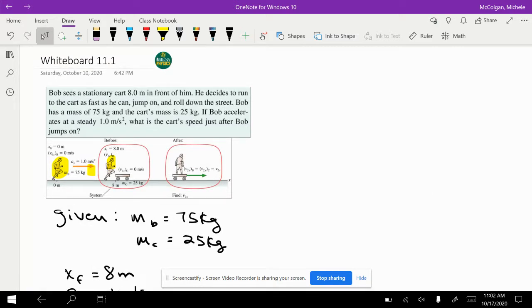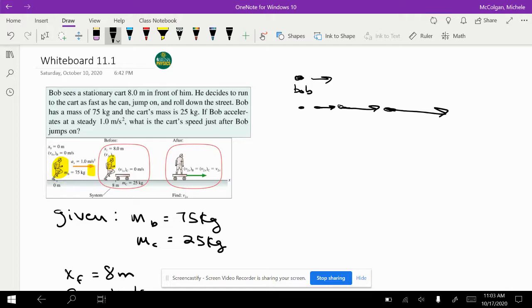I'll draw just a quick little picture. This is Bob, and if I think about a motion diagram, Bob is running this way, and the motion diagram is going to look something like this. So he's increasing speed. He starts out at 0.